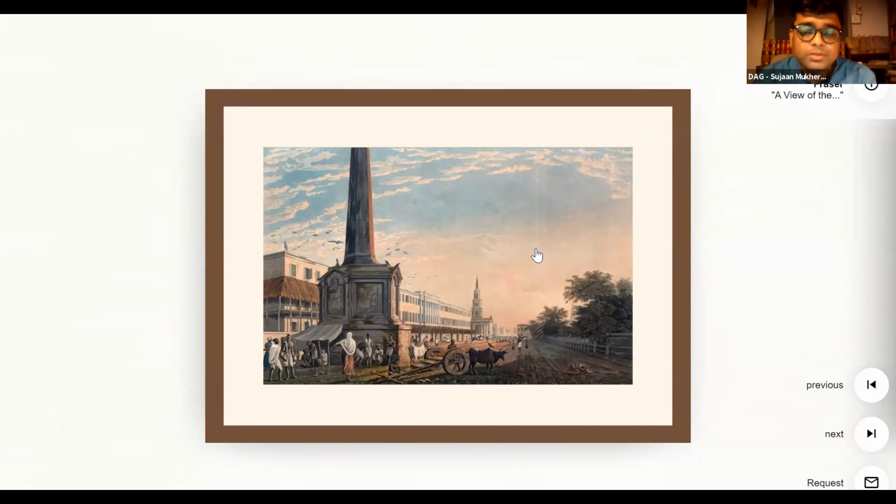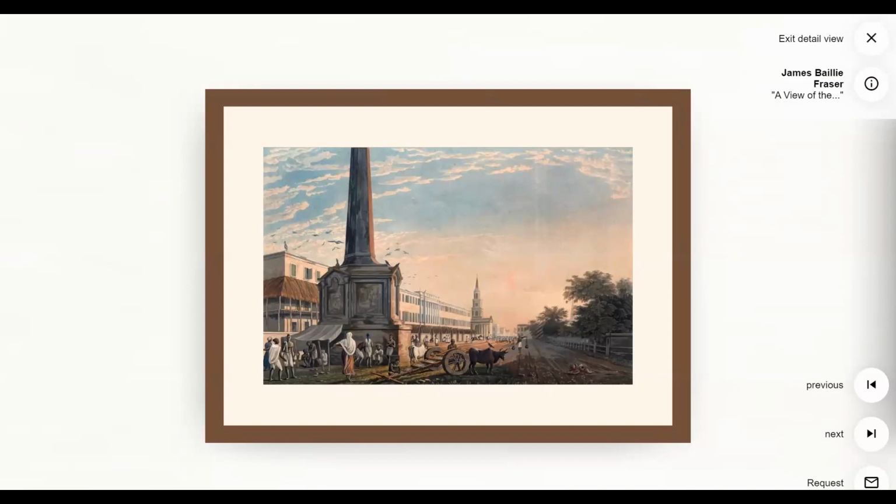And this monument was built by John Zephaniah Holwell, who was one of the survivors, and he was for a very brief period the governor of Bengal as well, and he kind of wrote himself into history by asserting the importance of this incident, which later administrators would keep cashing in on to justify colonial rule, not just in Bengal, not just in Calcutta, but across India.